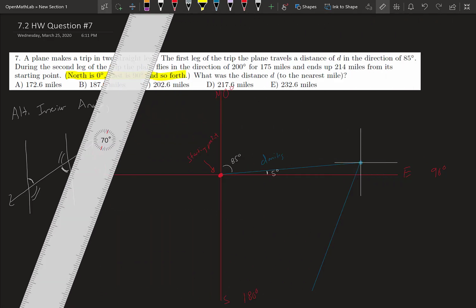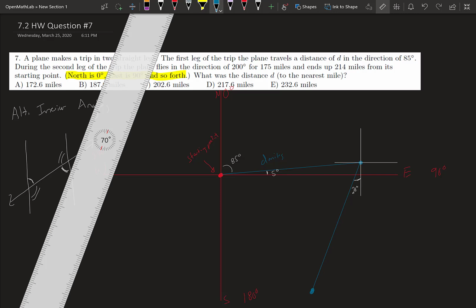So there's the next part, because this is going at 200 degrees. The angle measurement between that line and this one is going to be 20 degrees, because it's 20 degrees past 180. Let me draw that back in blue. So there's the second point where my plane stops.